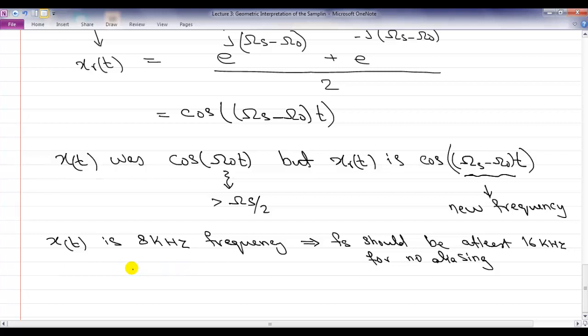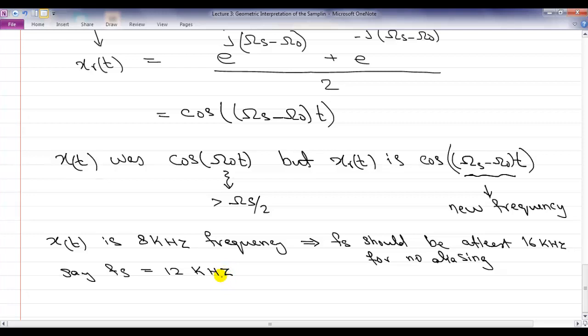Now, if I sample this 8 kilohertz signal, let's say at 12 kilohertz, then I'm going to have aliasing.